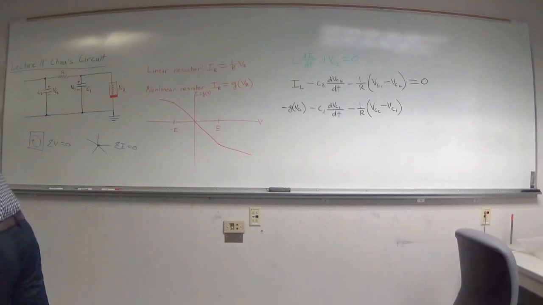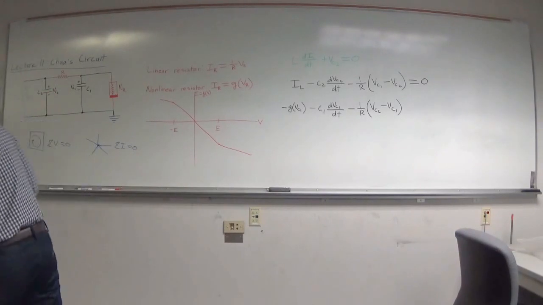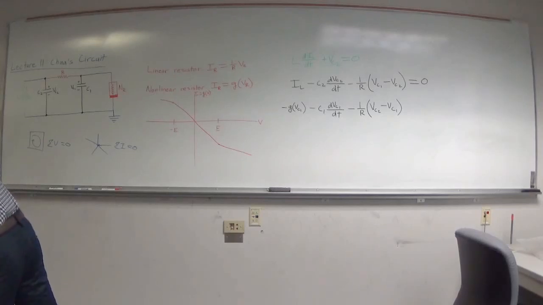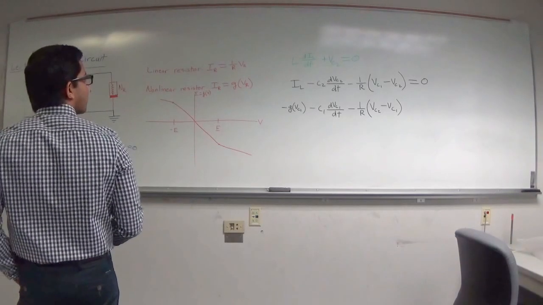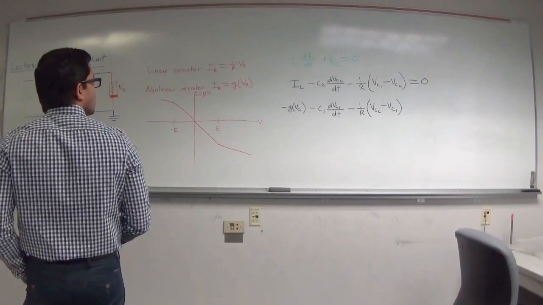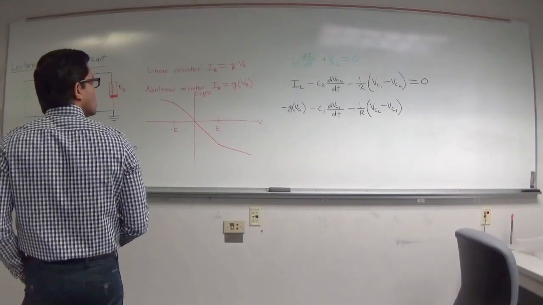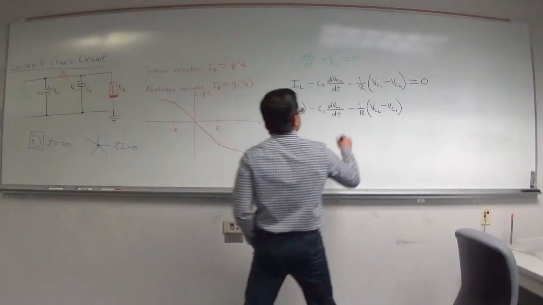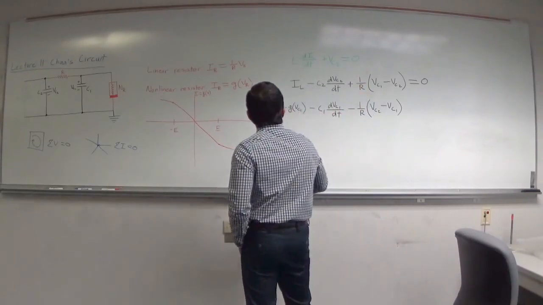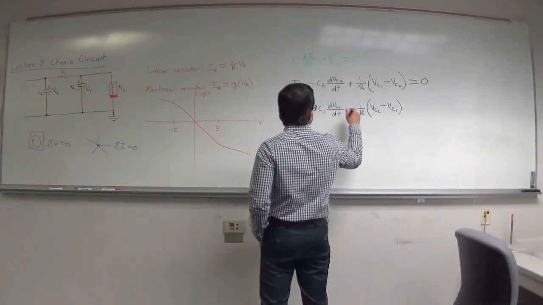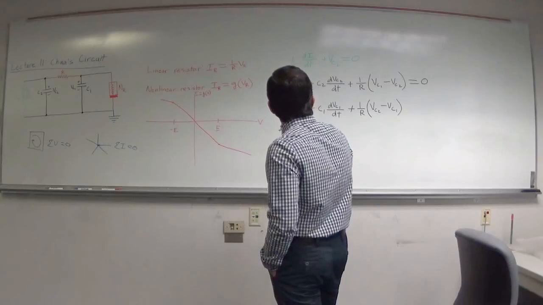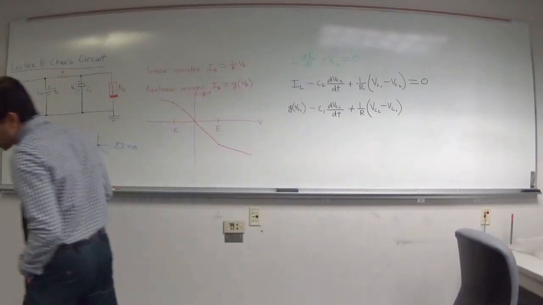And I believe that's just for convention. Let me just make sure I have everything correct. Actually, this should be plus. Yeah, this should be plus, but that's just convention, and then that should be plus then. So yeah, those two should be plus.